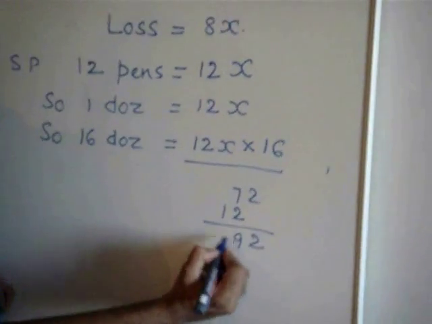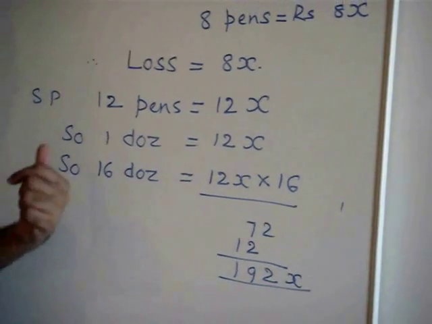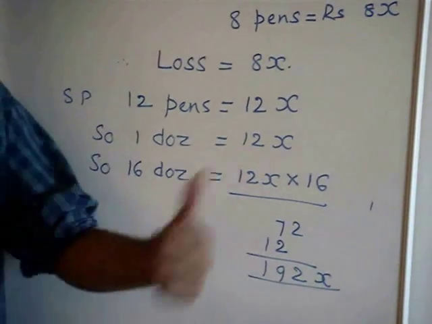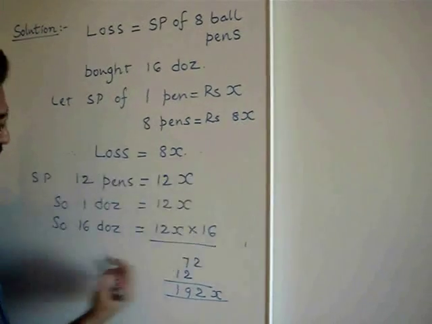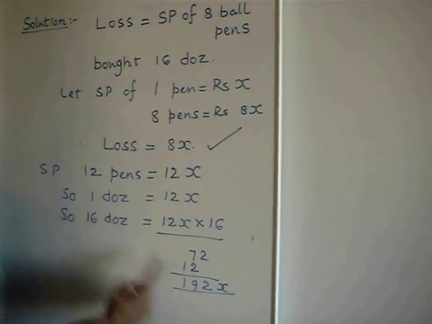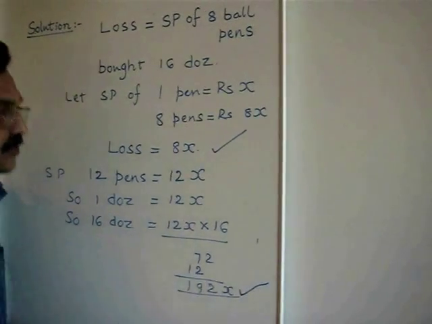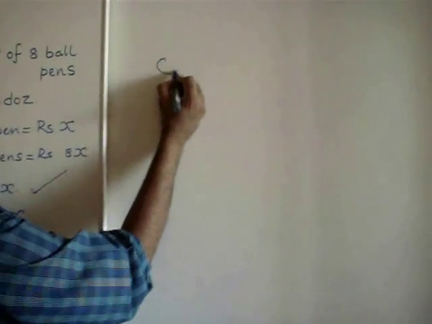This is 192 and this x is also there. 192x is the SP of 16 dozen pens. Right, so we have the loss of 16 dozen ball pens is 8x and SP of 16 dozen ball pens is 192x. So with the help of these two we try to find out CP.